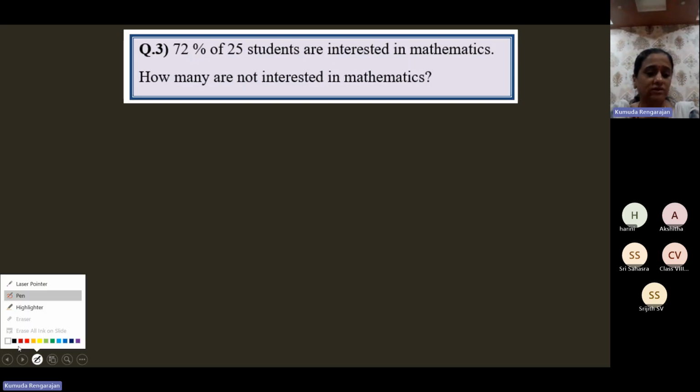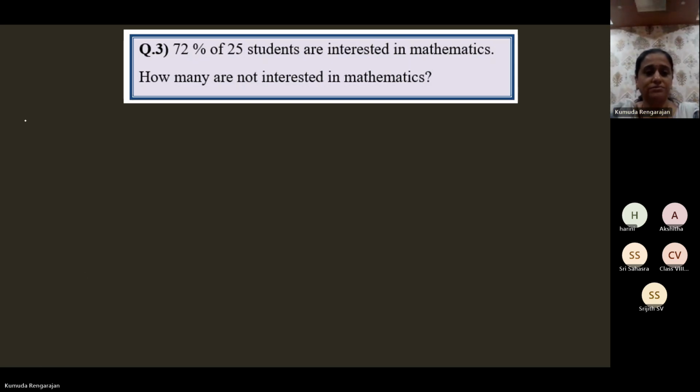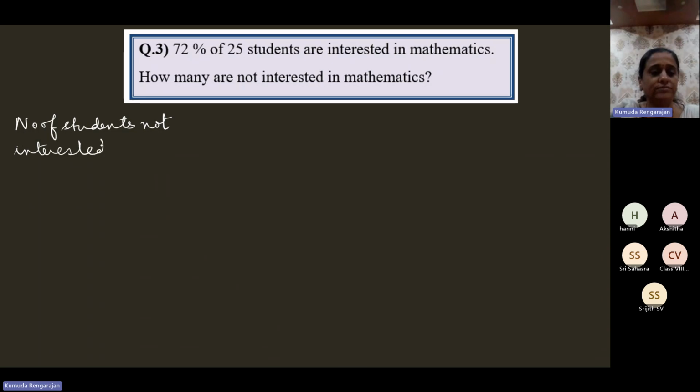Okay, so see here. Number of students not interested in maths is equal to, what is the percentage? Okay, one minute, let me write what is given.